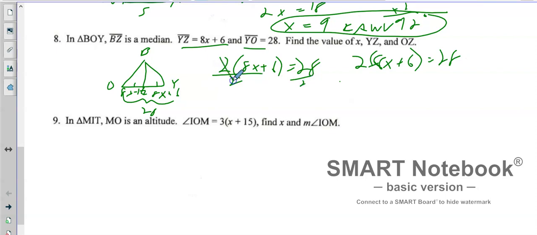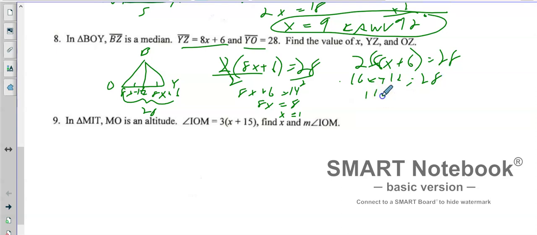Okay, so you could just divide by 2 and get 8x plus 6 equals 14. Then subtract 6 and get 8x equals 8, so x equals 1. Or you could distribute and get 16x plus 12 equals 28.